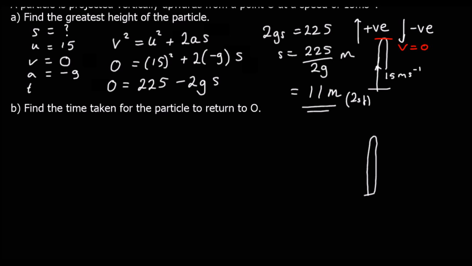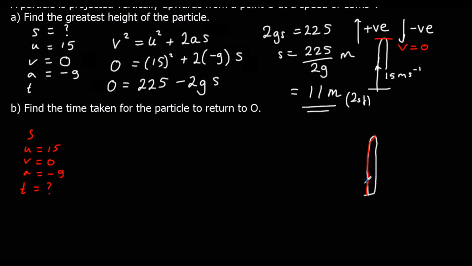We can either split the motion, so just work out the time taken to get to the top, and then double it. If we do that, we'll have u as 15, v as 0, a as negative g, and we will work out the time.